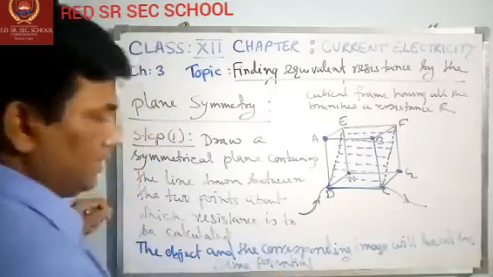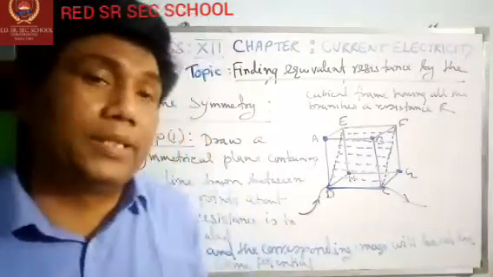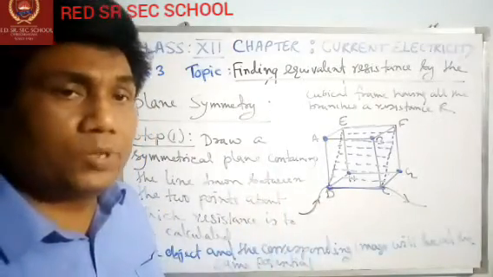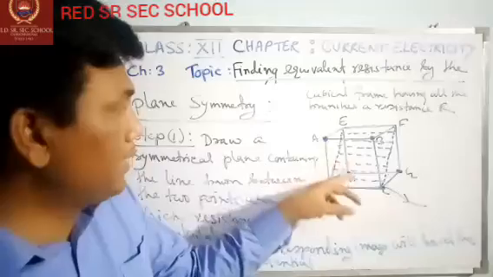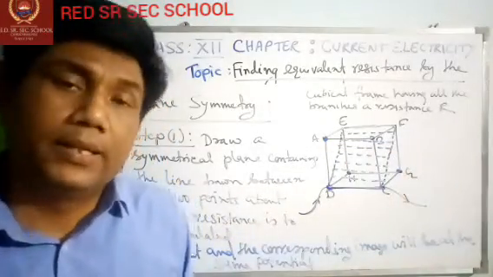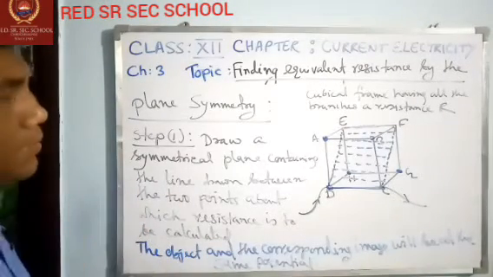Remember, you need to learn this thing. In line symmetry, all the points on the line are at the same potential, but in plane symmetry, the object is at the same potential with the corresponding image. It means A will be at the same potential with H, B will be at the same potential with Z. Okay, that is step 1.